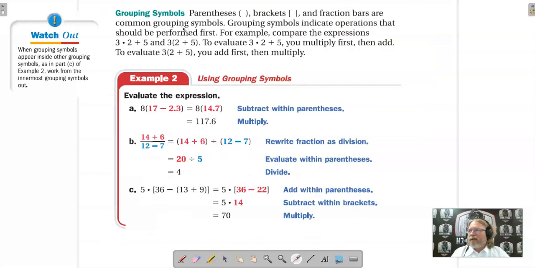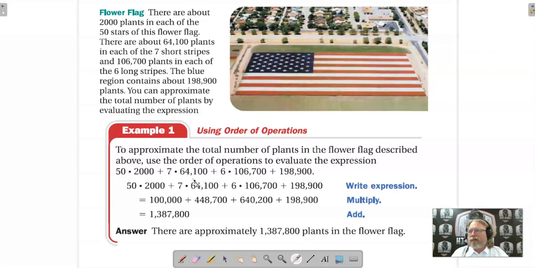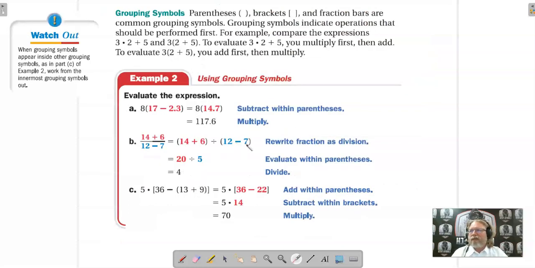So let's talk about grouping symbols. In this problem, we had no grouping symbols, no parentheses, and no exponents. So let's talk about examples that use grouping. Grouping symbols such as parentheses, brackets, and fraction bars are common.